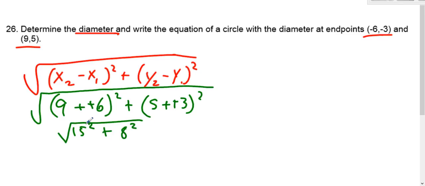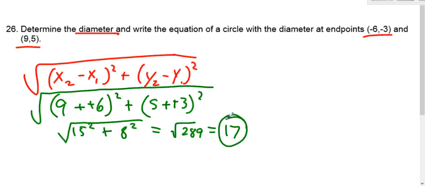So 15 squared plus 8 squared, that's 225, plus 64 is 289. So the third side, or the diameter length, is 17. There's the first part. The diameter length is 17.